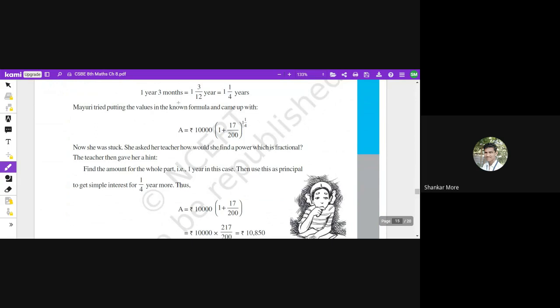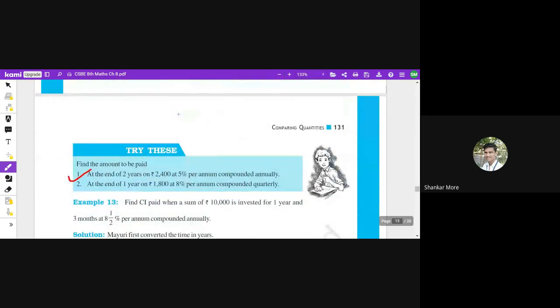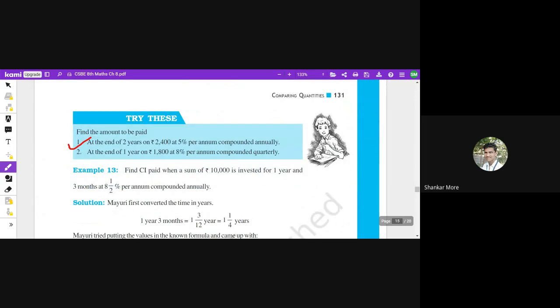Can you calculate it? 1.05 into 1.05 into 2400.